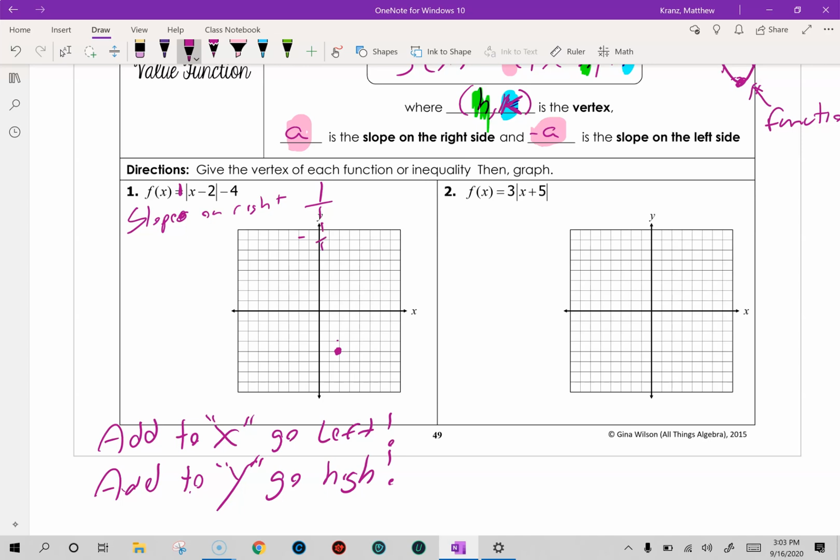So if you think about it, up 1 over 1, up 1 over 1, up 1 over 1. And the slope on the left side is going to be the same thing, except the opposite way, which is going to wind up being a negative line. So like this. Then when you graph it, your absolute value function would look like this. The slope of this side is negative 1. The slope on this side is positive 1.